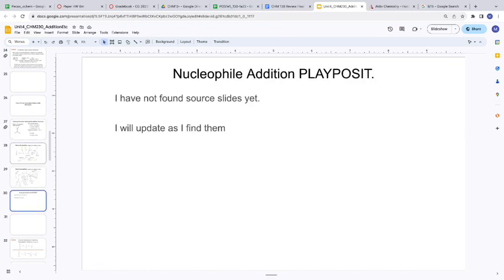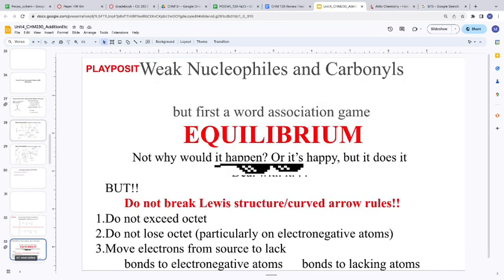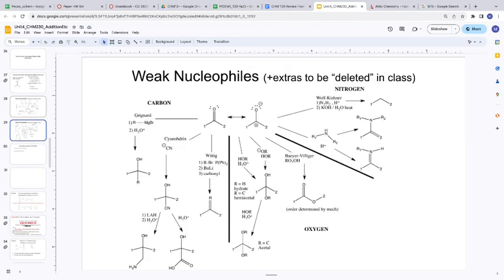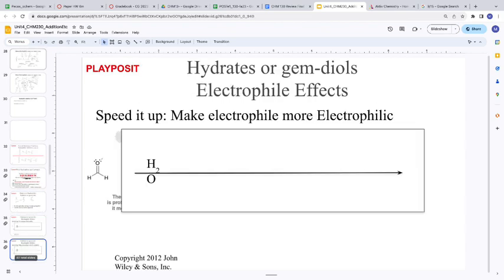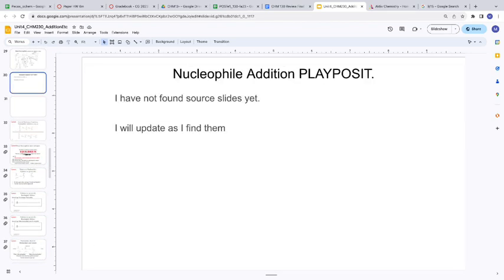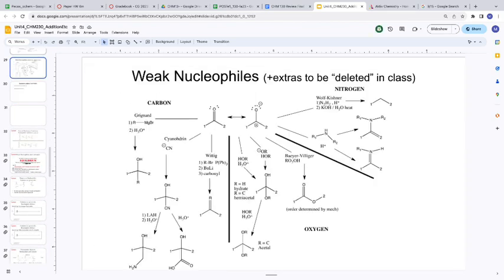We looked at nucleophile addition. We just talked about the generics, though. We didn't actually get into the specifics. As I look at it, I think this is where we ended. So we talked about the generics for each of these, and by each of these, we modified it.